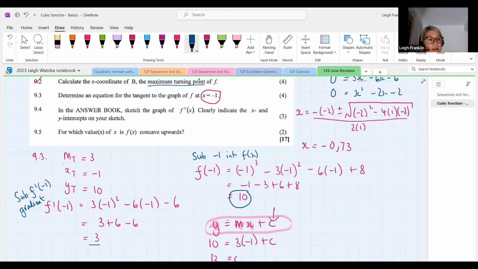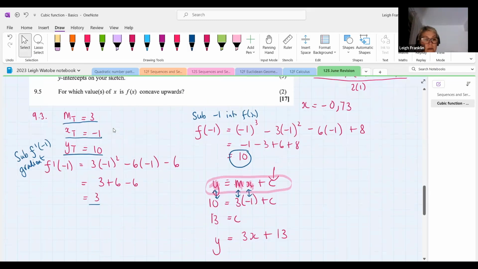So that's why I've said the gradient at the point of tangency is 3. We know that the x coordinate at the point of tangency is minus 1. We know that the y coordinate at the point of tangency is 10. So that's why I'm putting the 10 where the y is, the 3 in place of the gradient, the minus 1 in place of the x, and I'm working out the value of c. Okay, Mbuso, did that make sense? I'm sorry, I know I did that a little bit quickly.